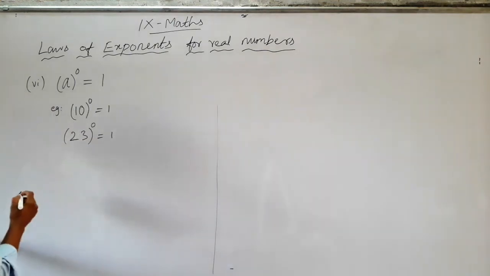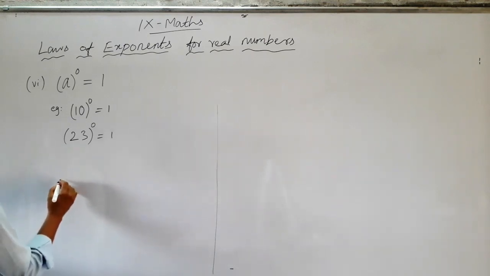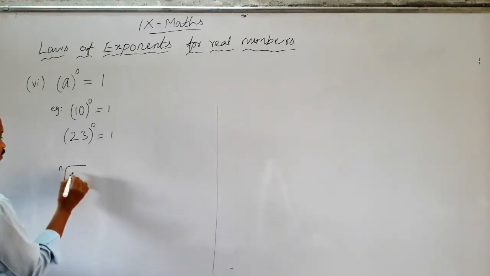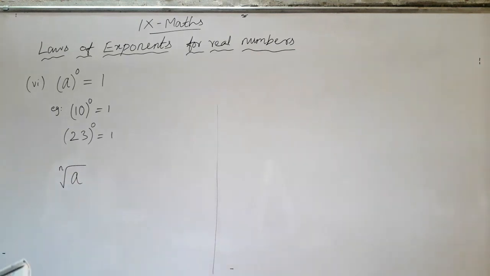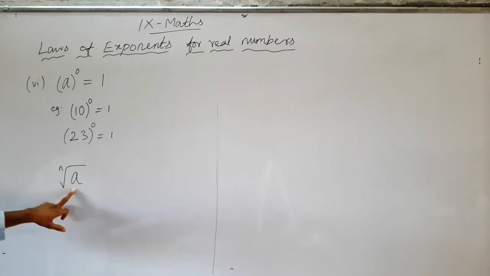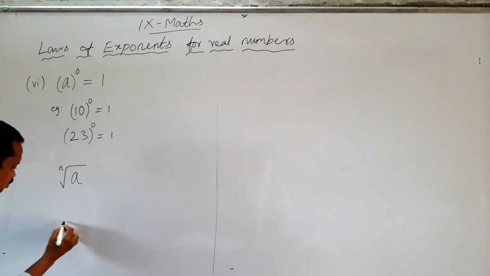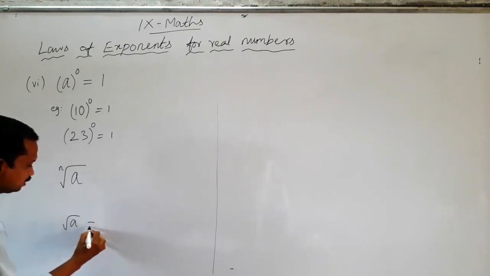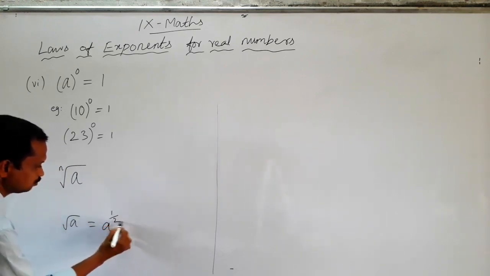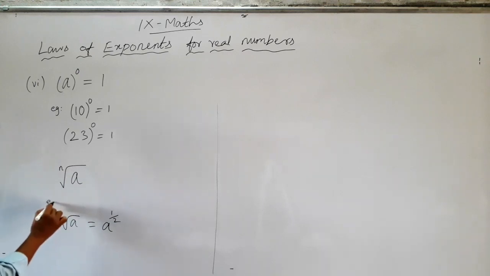The next one, you know how to read this: the nth root of a. For example, the square root of a you can write as a power 1 by 2. That you know.